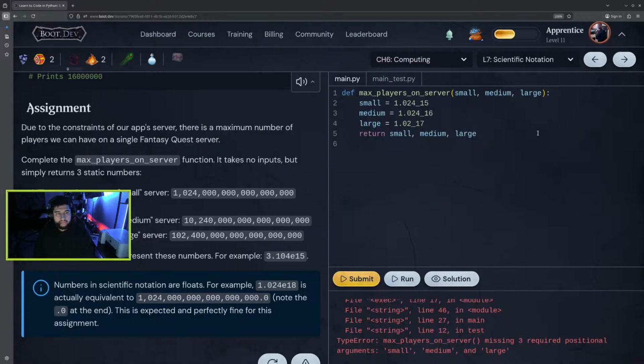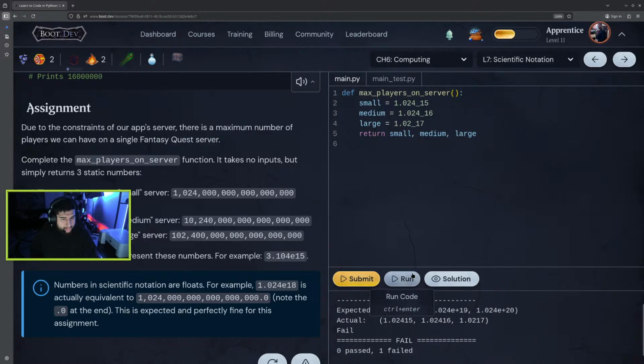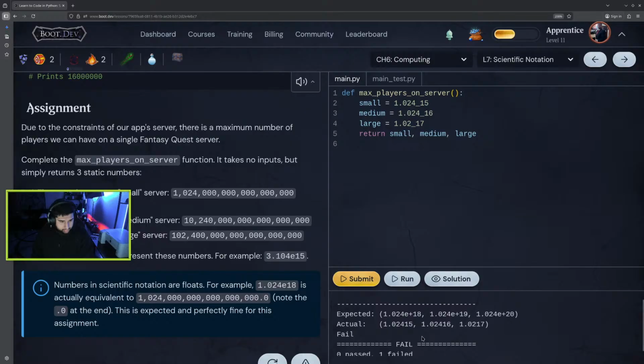Hmm. Okay. Okay. So I'm not supposed to put anything in the parentheses. I'm supposed to name them here.